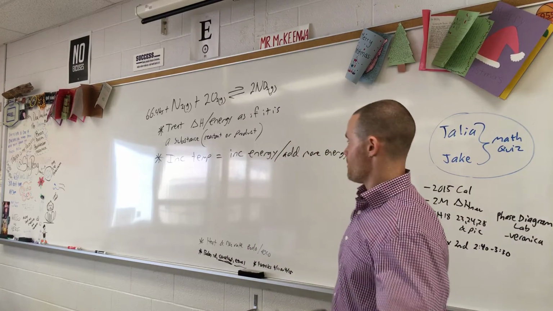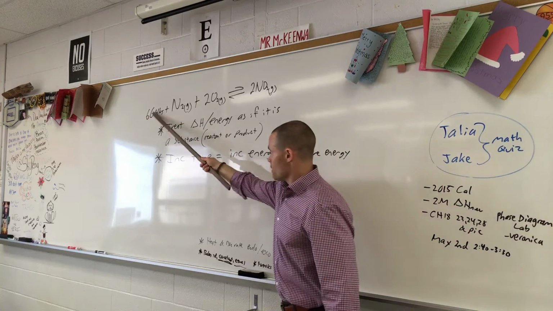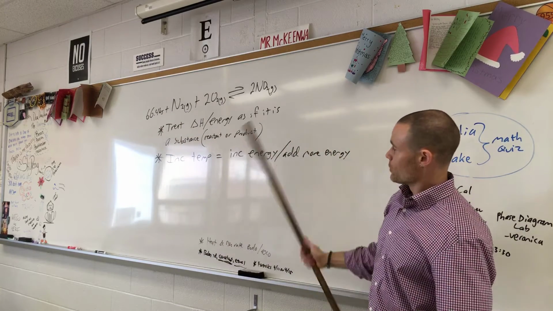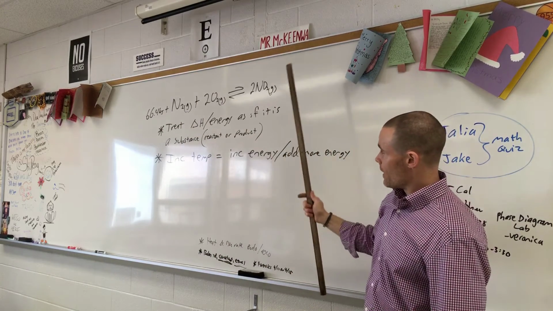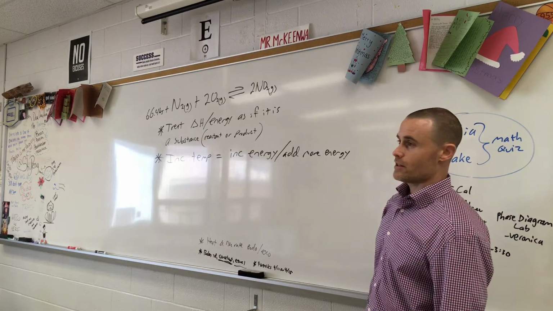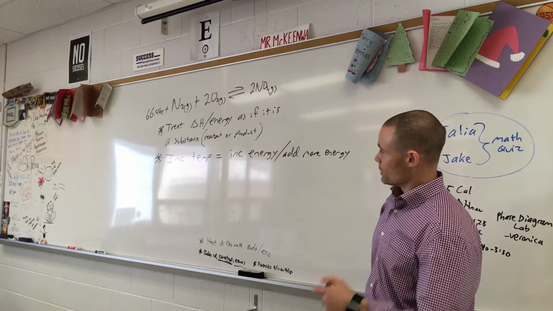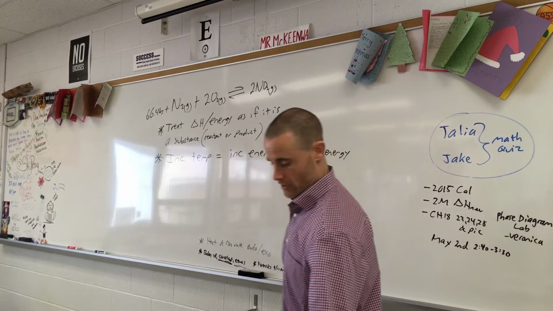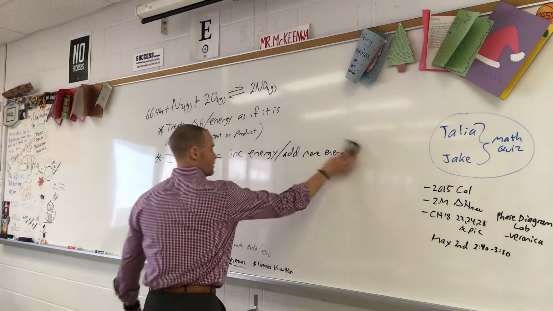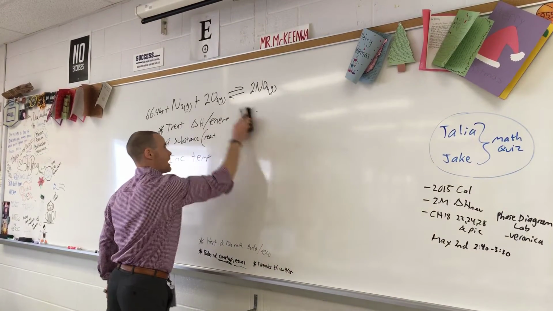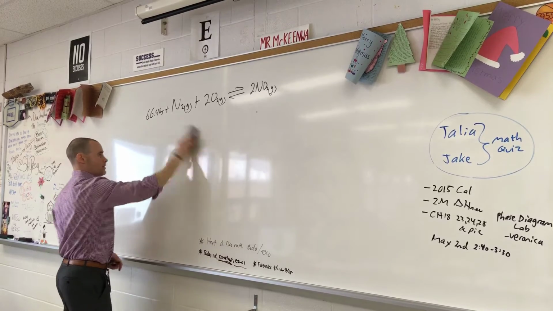Okay, so here's the energy. Here's the question, and I'm going to write it down. If I increase the temperature on this system at equilibrium, in which direction will it shift? So we're using this reaction based on what we just learned.